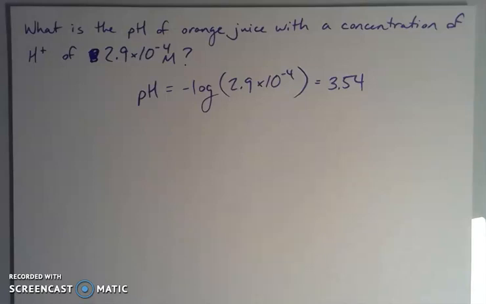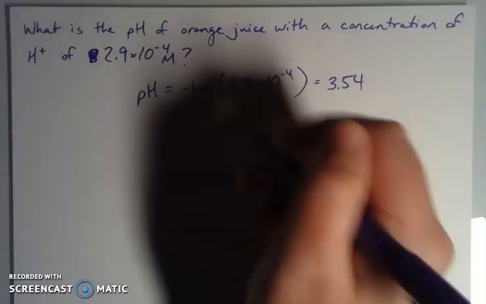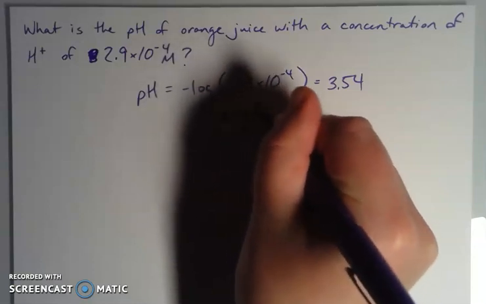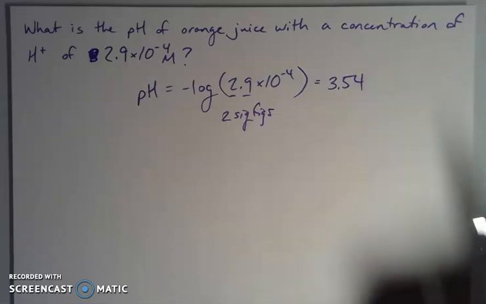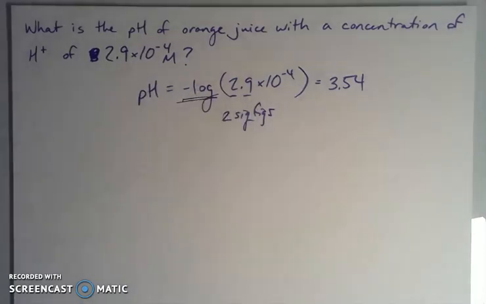I want to note here about significant figures. So my concentration has 2 sig figs, and so does my answer, even though it looks like I have 3 sig figs. So this is something that always frustrates students, because with logarithms we have different rules. We're no longer adding and subtracting or multiplying and dividing.